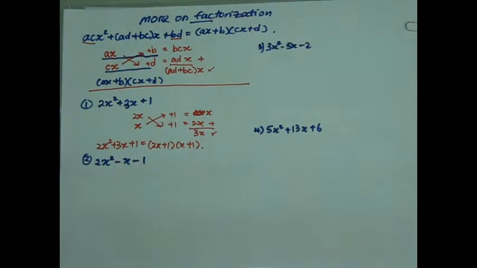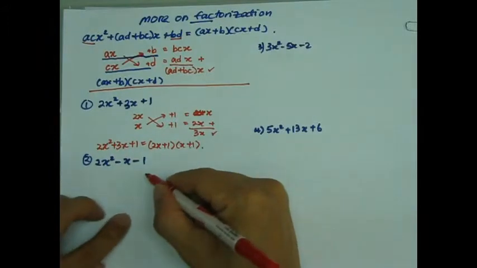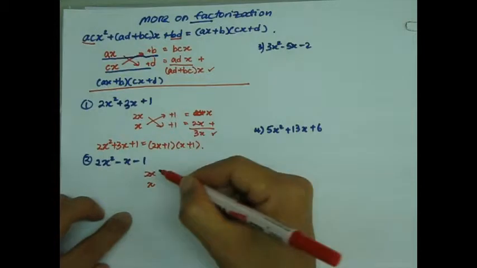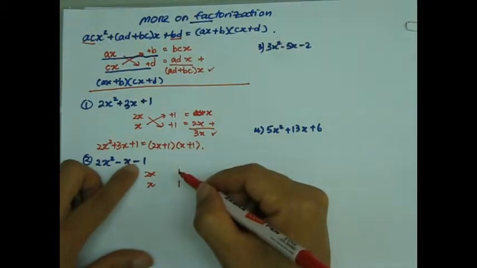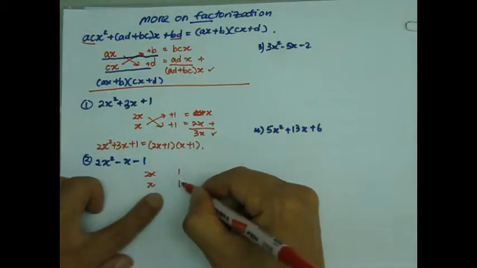Next question: 2x squared minus x minus 1. Again, I'm going to consider 2 terms that multiplied together give me 2x squared. Let's say 2x and x. And here I have 1 and 1, but the 1 is minus, so one of the signs has to be minus.